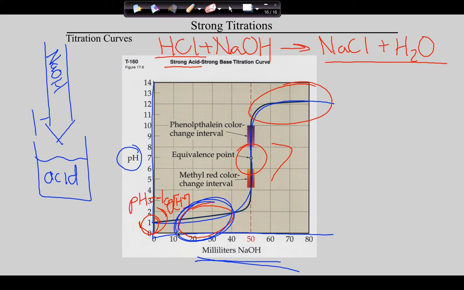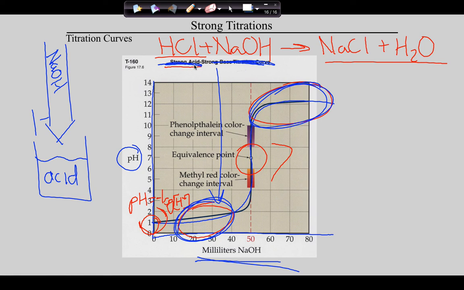So guys, the question then becomes this. How do we figure out the pH here? And how do we figure out the pH here? And guys, this is interesting. The answer is subtraction. Here's the way this goes. When we are before equivalence, it means that we have not added enough base to neutralize the acid.